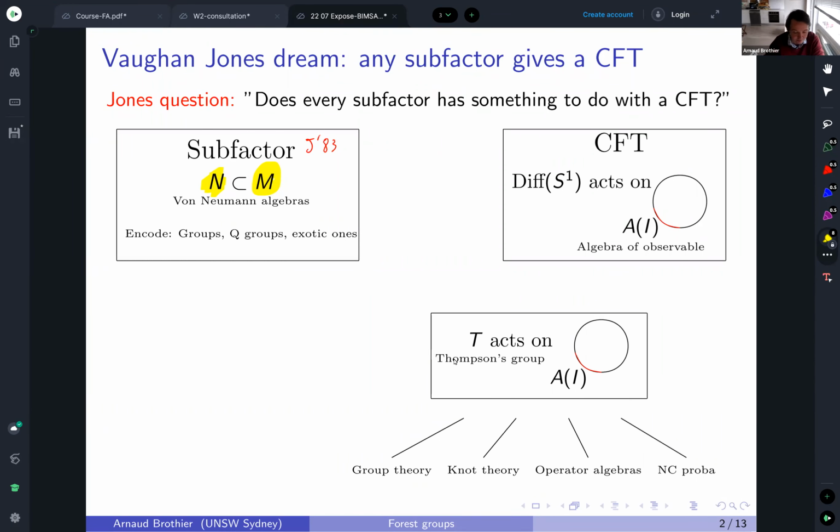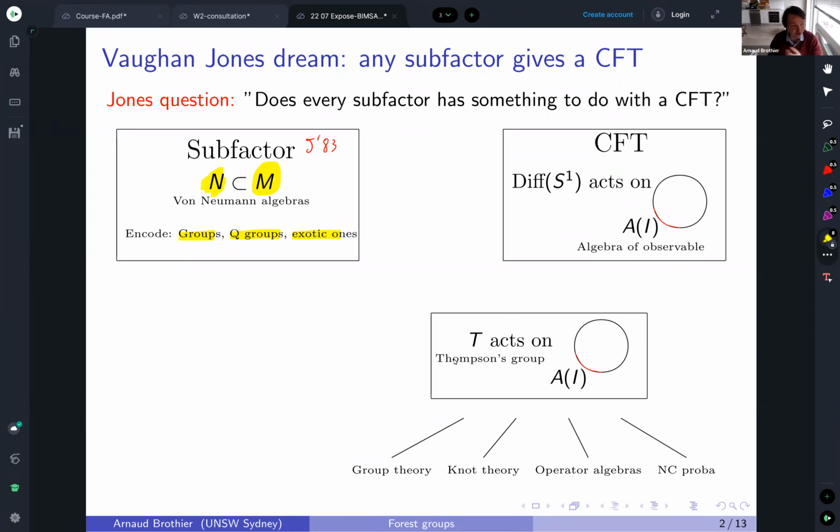This structure can encode a lot of groups, but also quantum groups. I'm not going to define precisely which quantum groups I'm talking about, but they are included in that. And even more mysteriously, there are some exotic subfactors that produce some amazing tensor categories.